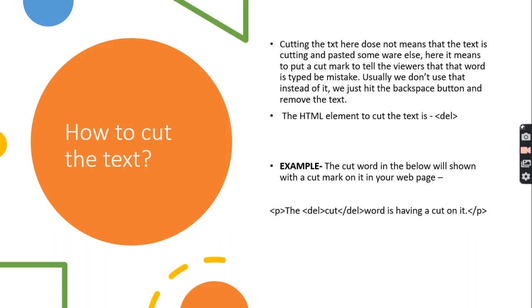In HTML, the element to put a cut mark on the text is the delete tag. So this tag is used here and the end tag is here, so the word between them will be cut, having a cut on it. So this word will have a cut on it if you paste it in Notepad and run it as an HTML file.